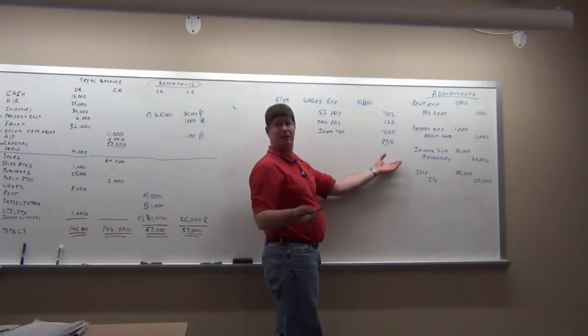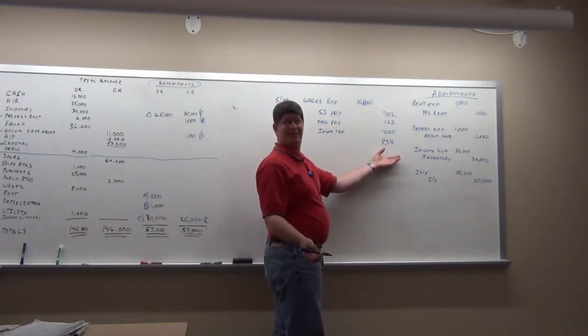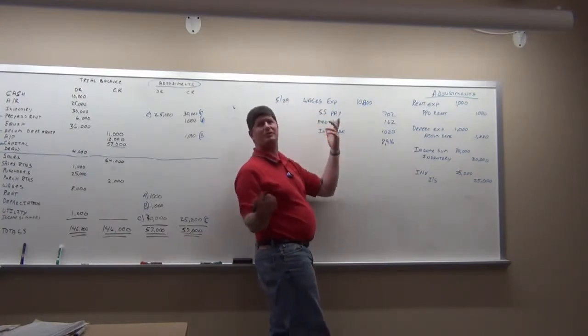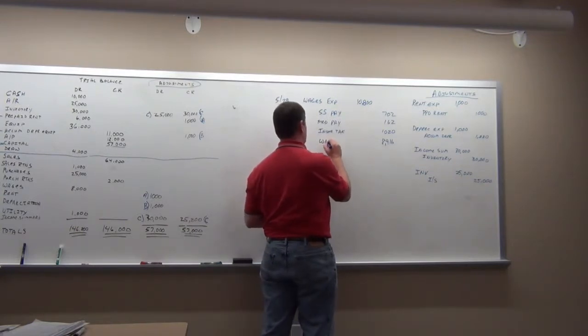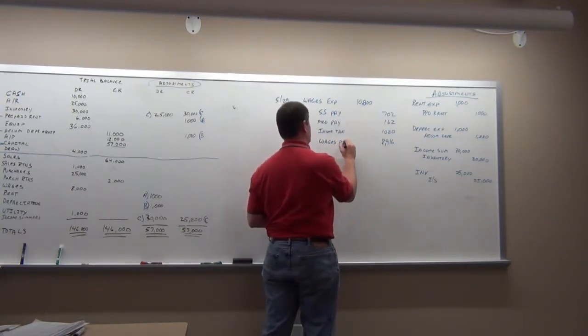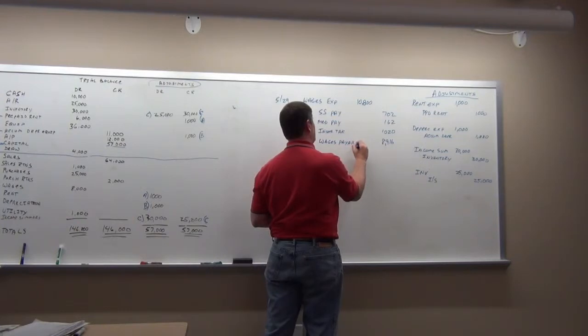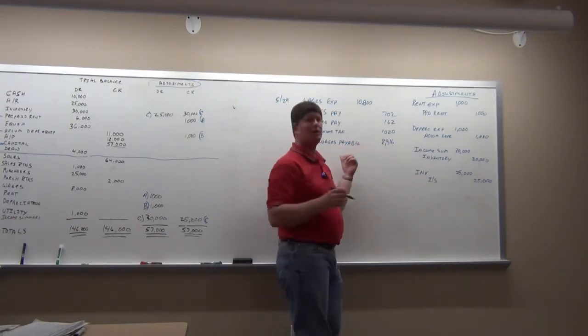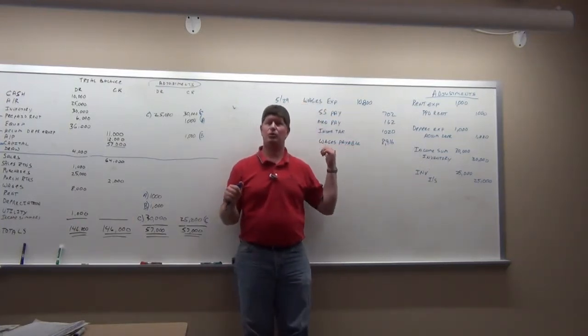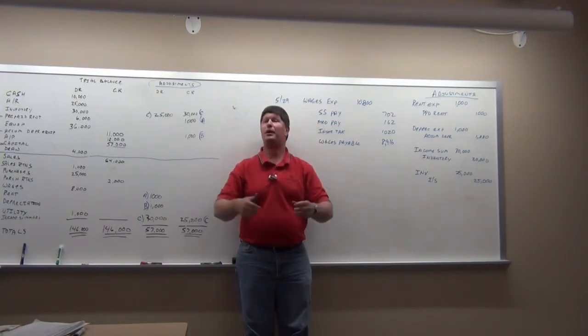It's a liability. I used wages, so I'm going to say wages payable. So this entry is done in the general journal and then posted to the general ledger, right? This is to record the actual payroll.